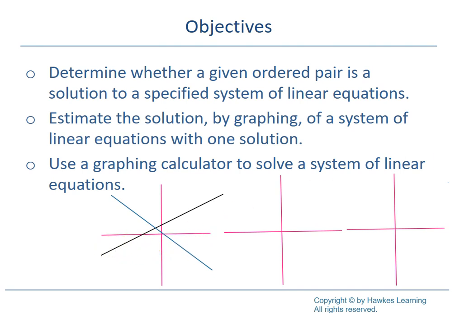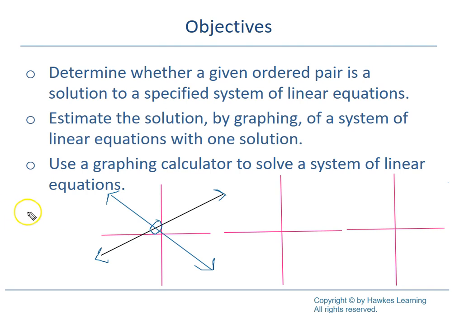Now, notice that along each of these lines, there's an infinite number of points, that is ordered pairs, but right here, the lines are intersecting. And what does that indicate?